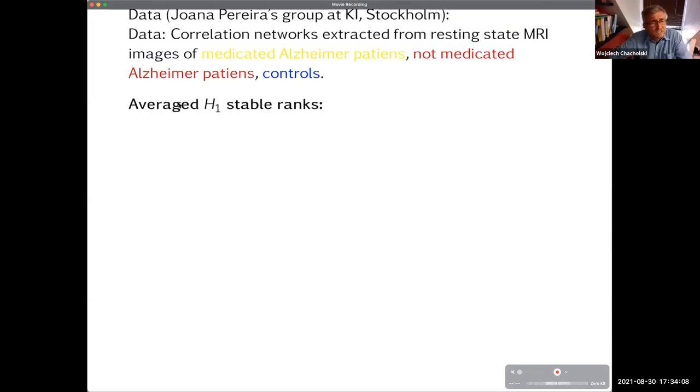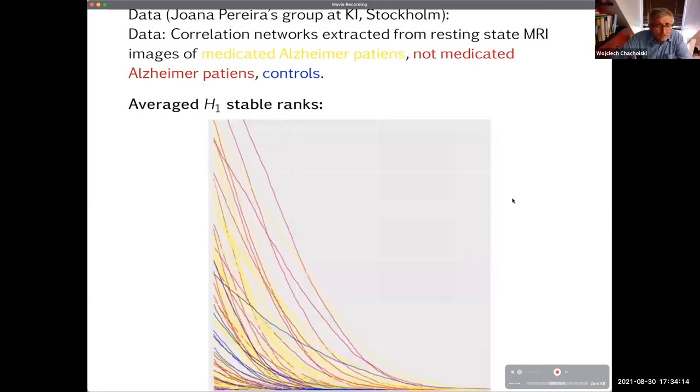But we took this sense number 2, averaged H1, based on H1 stable ranks, and here's the result. Yellow is medicated Alzheimer patients, red is not medicated, and blue are controls.